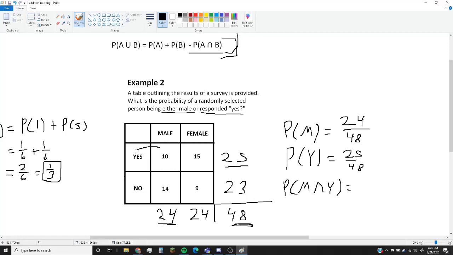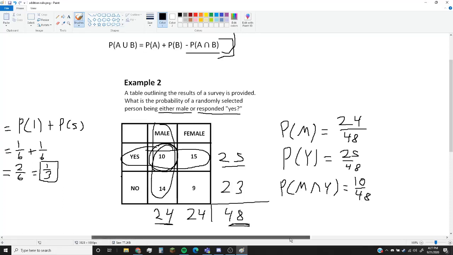We can see here, we've got the yes row and the male column. Those intersect here to give us 10 total people that are male and responded yes. So we'll have 10 over the total 48. And now we've got all the blocks to use the formula that we know.